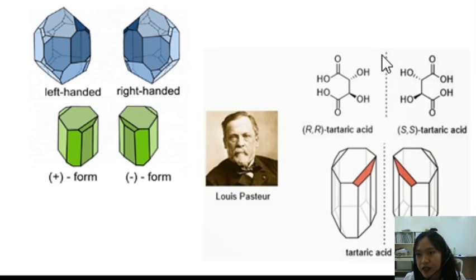So can you see they have a plane of symmetry. So these are the structural formulas of the two forms of crystals found in your sodium-ammonium tartrate. We said it is a salt of tartaric acid. So, number 1, you have the R,R tartaric acid, and the S,S tartaric acid.